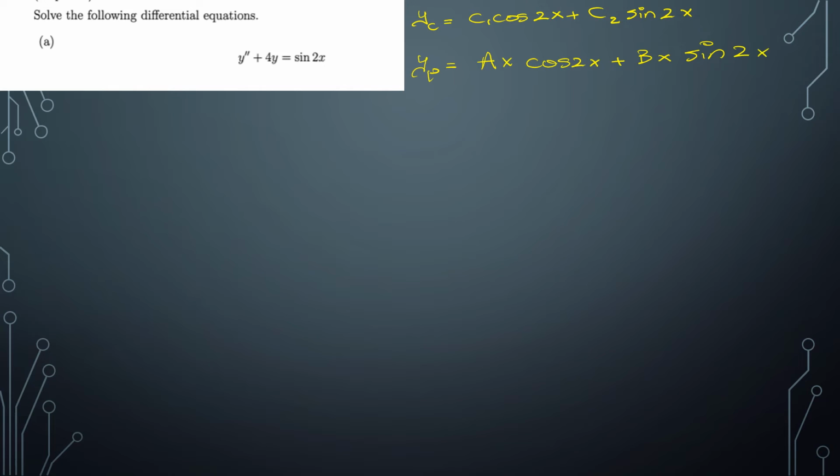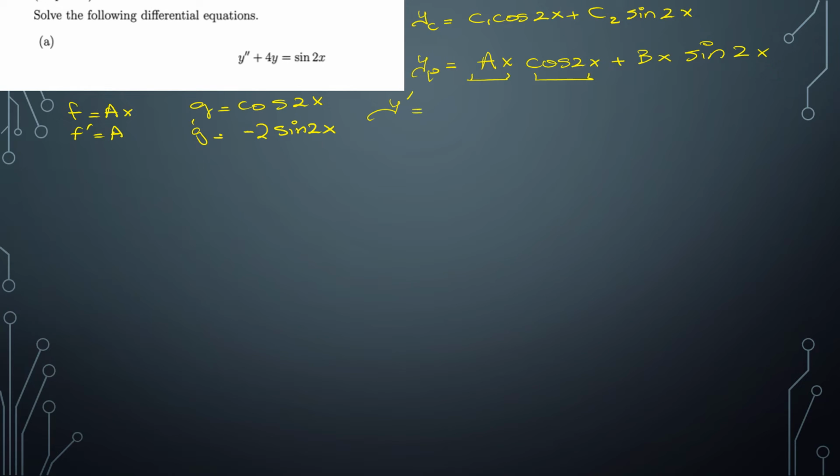Now take the derivative of this function using the product rule. For the product rule, our f will be ax, so f prime will be a. Our g is cosine 2x, it is a chain rule, so the derivative of cosine is negative sine 2x, and the inner function 2x, the derivative is 2.